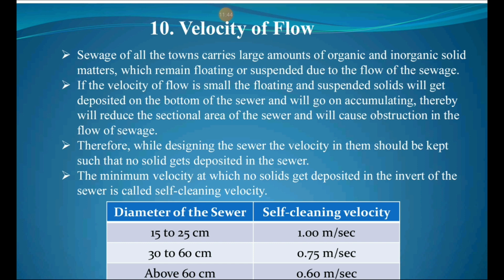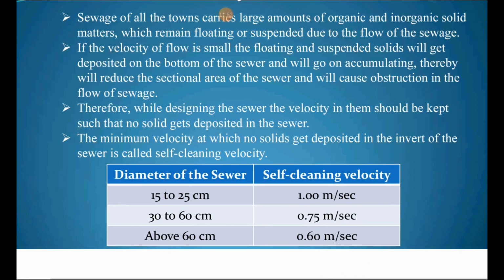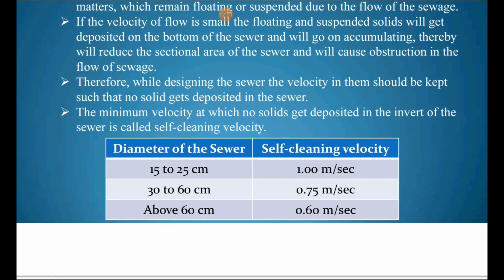Therefore, while designing the sewer, the velocity in them should be kept such that no solid gets deposited in the sewer. The minimum velocity at which no solids get deposited in the invert of the sewer, invert meaning the bottom of the sewer, is called the self-cleansing velocity.